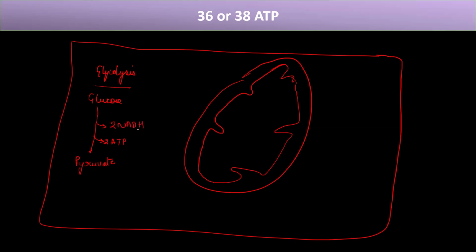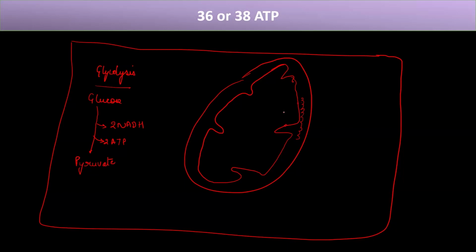But the process by which ATP is formed from NADH does not happen in the cytoplasm, right? It happens in the mitochondria, in the region that involves the participation of the periplasmic space and the inner mitochondrial membrane.